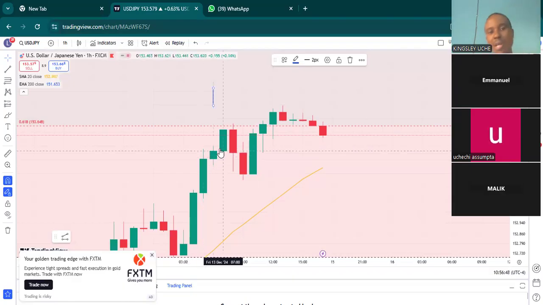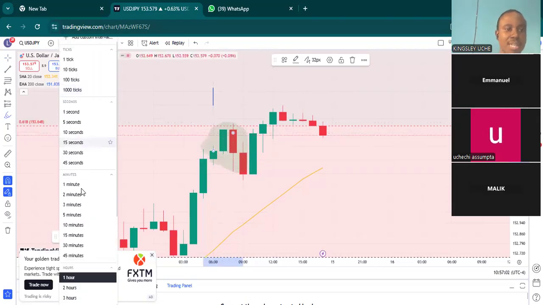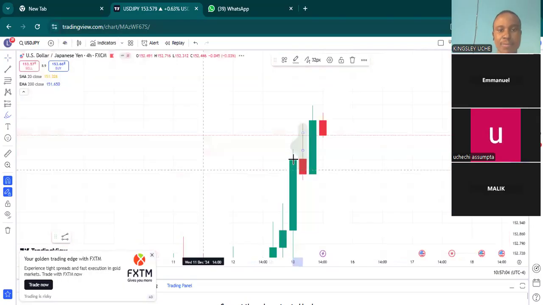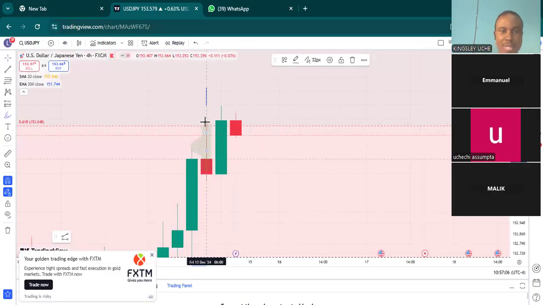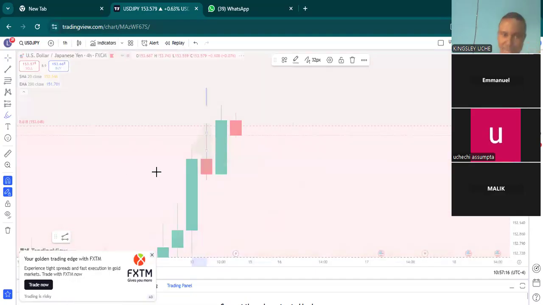In the 1 hour time frame, these 4 candles are what gave us the valid candlestick formation in the 4 hours time frame. Let's quickly look at that. You can see this is the whole candle that gave us the valid candlestick formation. So now we're going back to the 1 hour time frame so we can move on.